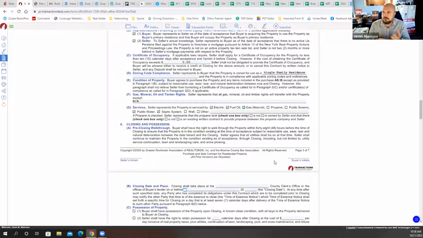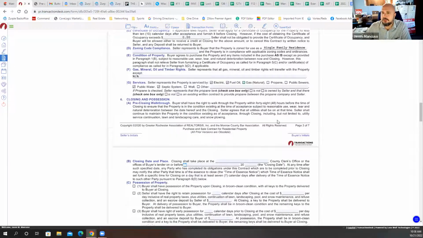But generally it's what's the heating source? Is it natural gas or is it oil or propane? And then is it public sewers or a septic system? And is it public water or well? So making sure that you have these filled in. These boxes apply to propane, which there isn't with this property, so we don't have to worry about that.